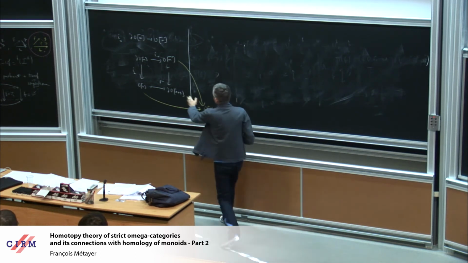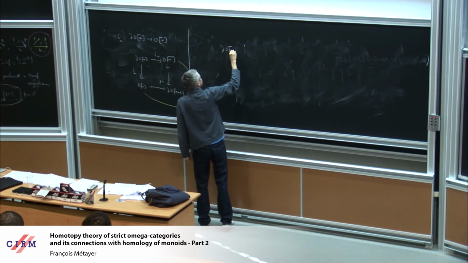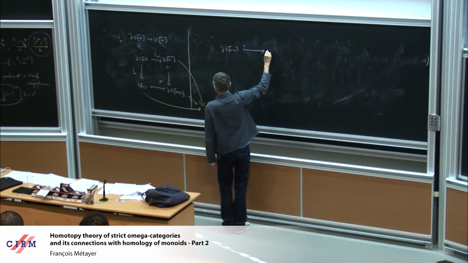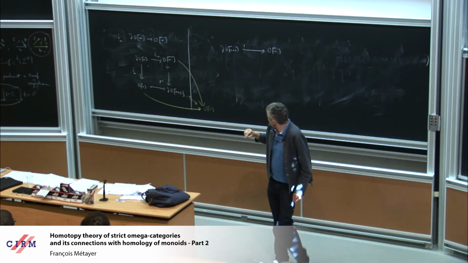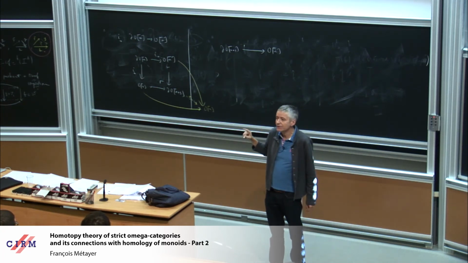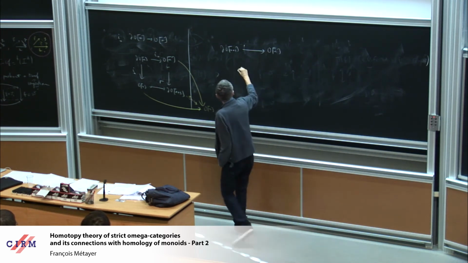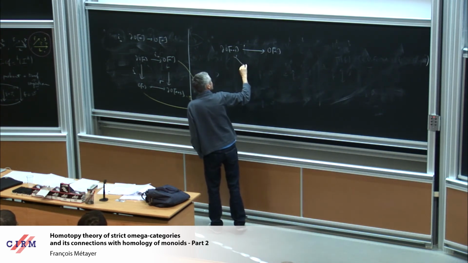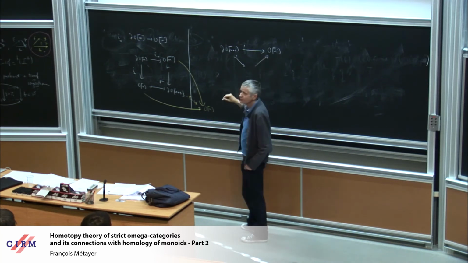Okay, so this map here. And here the small object argument allows you to factorize this map by a cofibration followed by a trivial fibration here.